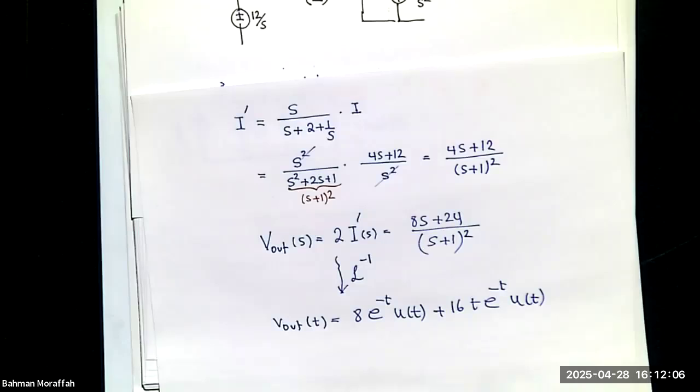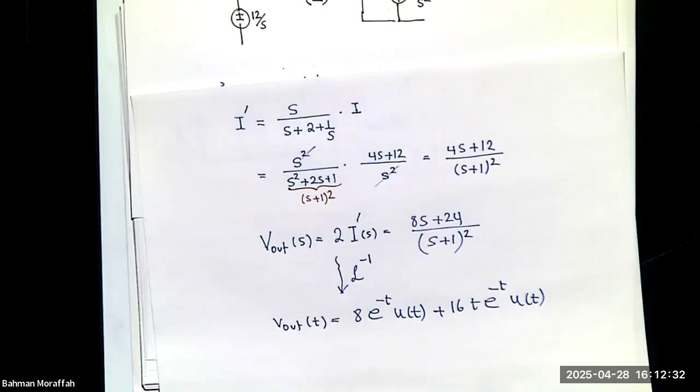And given our solution in S domain, I can always use the partial fraction decomposition to decompose the output into terms that I know what they are using the Laplace table. And I can find the inverse of those terms. Is that clear how we're doing this?